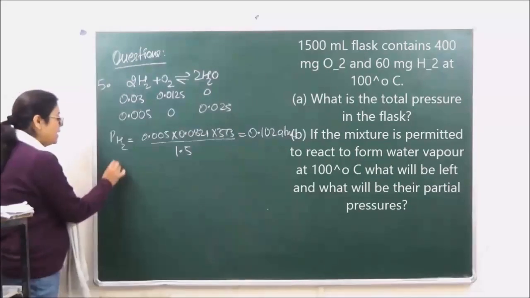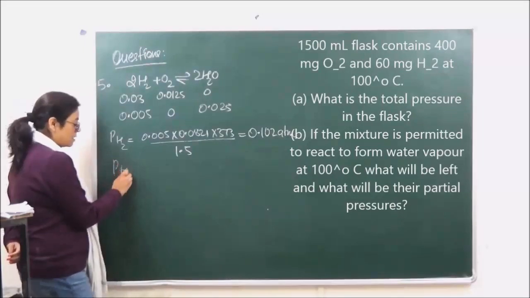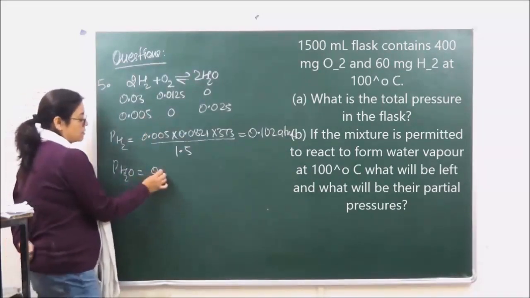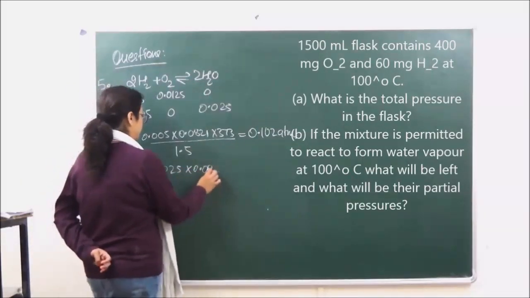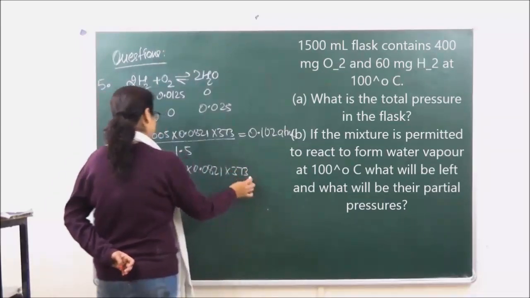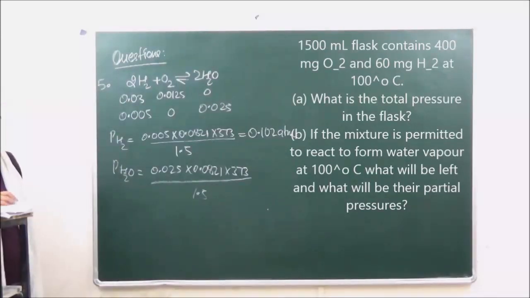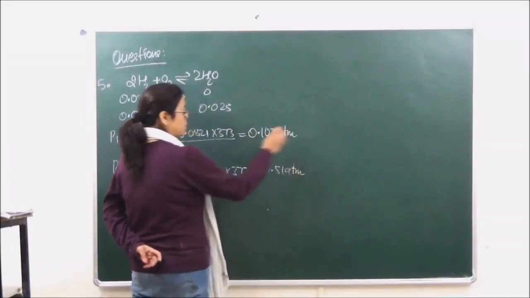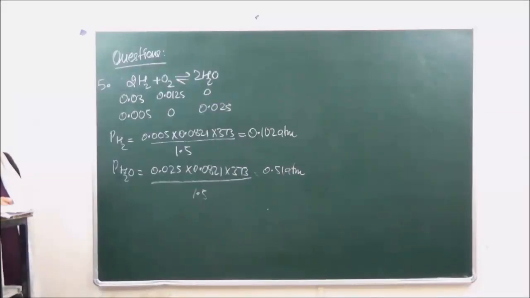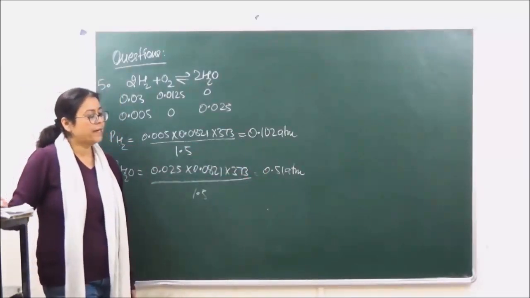Similarly, we calculate it for water: 0.025 divided by 1.5, this is going to give us 0.51 atmosphere. So what is going to be the total pressure now? This plus this. Got it?